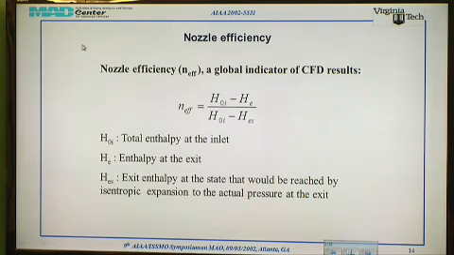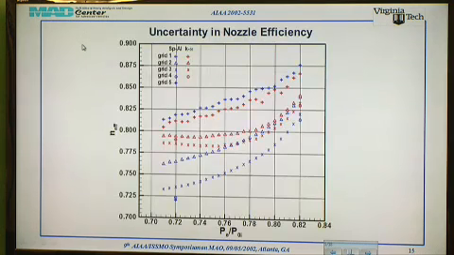So we were interested in the nozzle efficiency that is done by enthalpy. And if you are not sure about what enthalpy is, it's not important. The important part is that if the nozzle didn't have a shock and it had the perfect profile, we would get isentropic expansion and we wouldn't have losses. So we compare the losses to that.